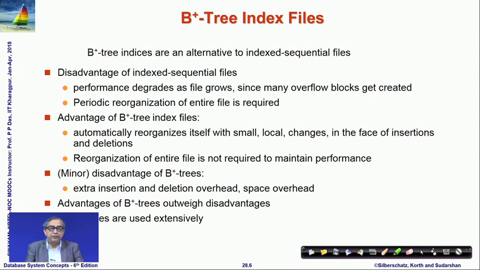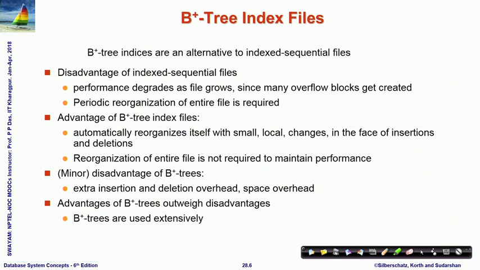If you have created, say, a sparse index on certain values, and there are more records in that bucket, then naturally you need linked buckets. So, periodic reorganization of the entire file becomes required, which is a very costly affair.